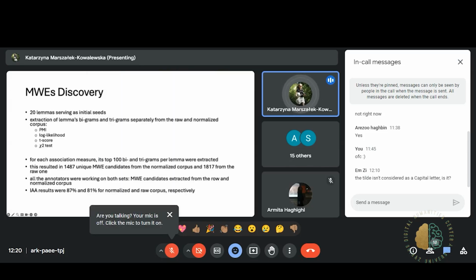The assumption that multi-word expressions stand out, which means that they exhibit some sort of salience, allows us to extract or discover them automatically from texts. This salience is also why statistical procedures such as association measures are so popular. In order to extract Persian multi-word expressions, a list of 20 lemmas that would serve as initial seeds was prepared.